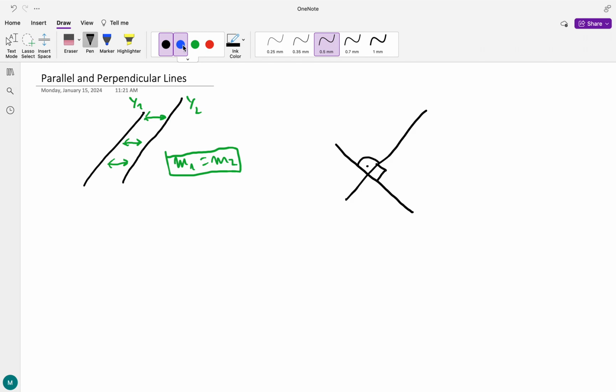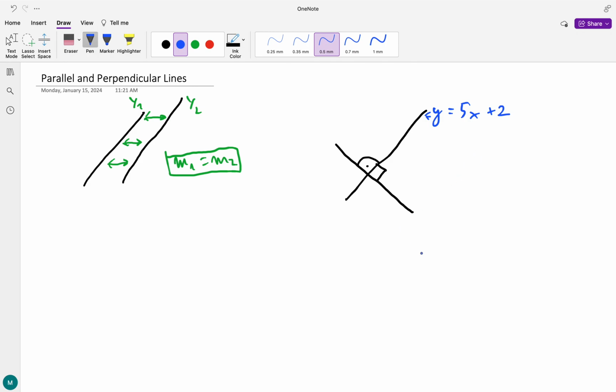For this example, let's assume that the equation of this line right here is y equals, I don't know, let's do 5x plus 2.